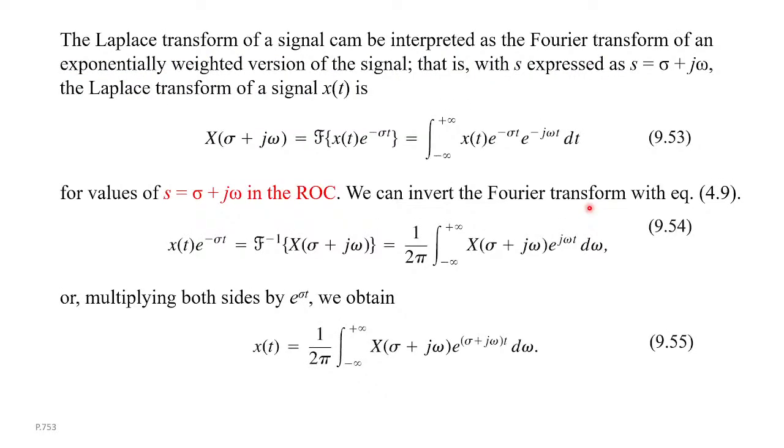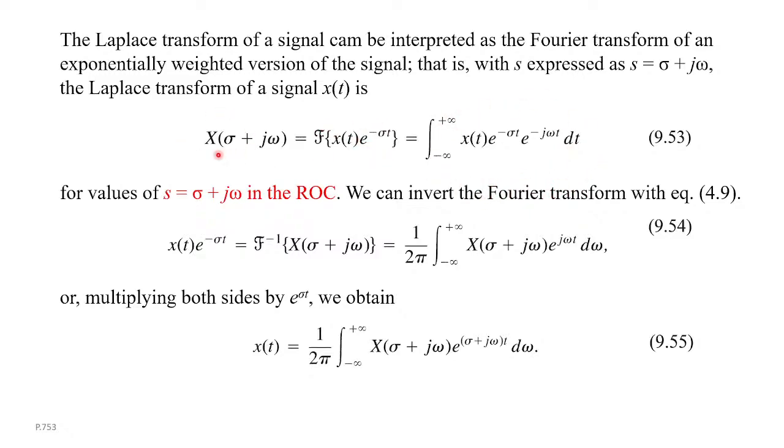So the first way to do inverse Laplace transform is to do inverse Fourier transform, because the Laplace transform for s equal to sigma plus j omega is the Fourier transform of x of t times e to the minus sigma t.